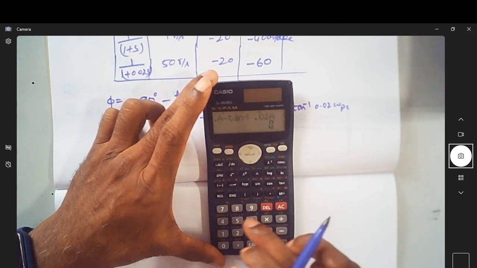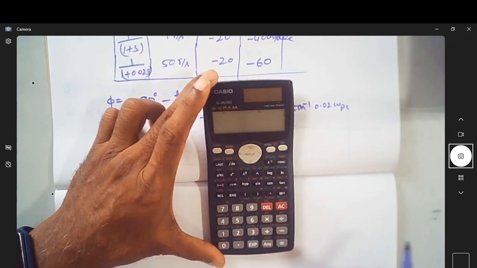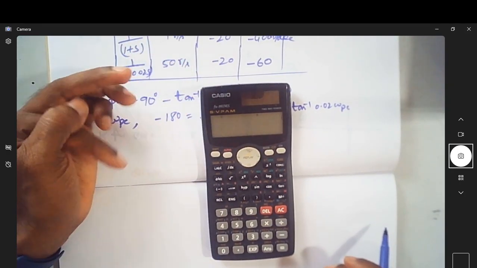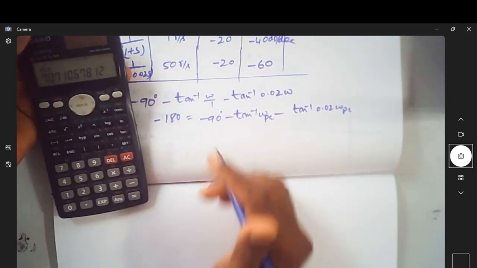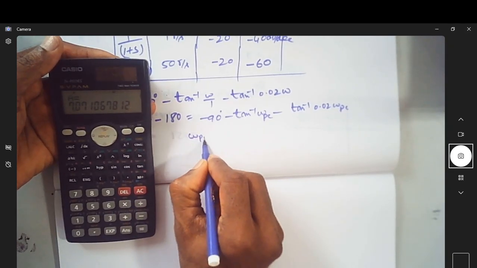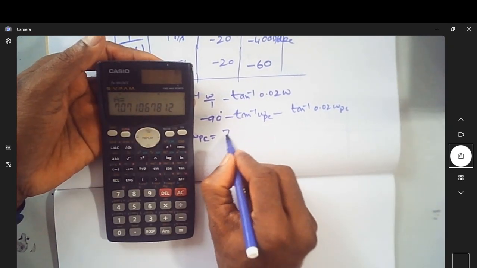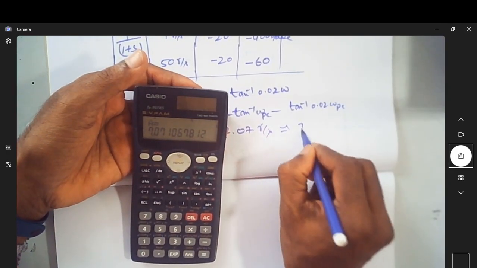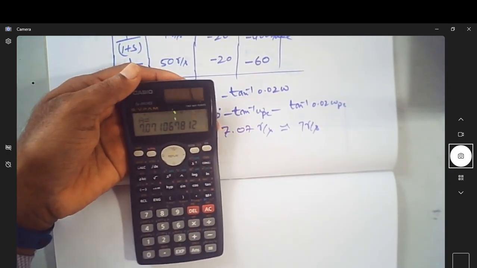Let me just calculate that. Shift solve twice, and I will get the value of omega PC as 7.07 radian per second, approximately 7 radian per second.